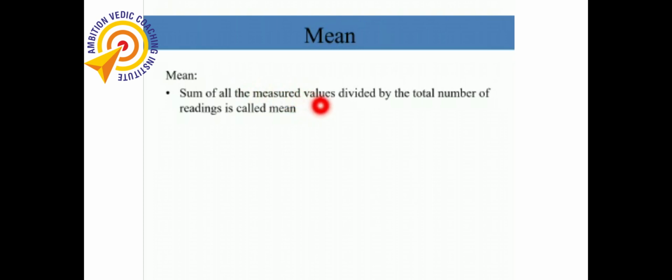Every time we take a reading, we obtain a value. Adding all the values and dividing by the total number of readings. If we have taken the reading 10 times, then we have to divide by 10. If 100, which is very rare, then we have to divide by 100.